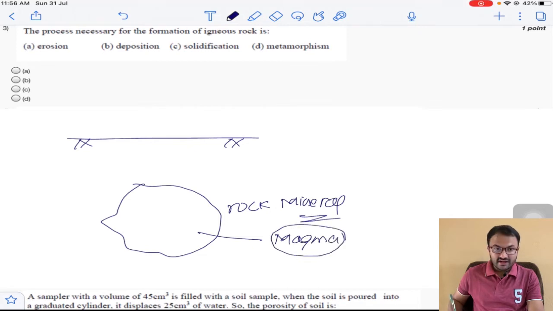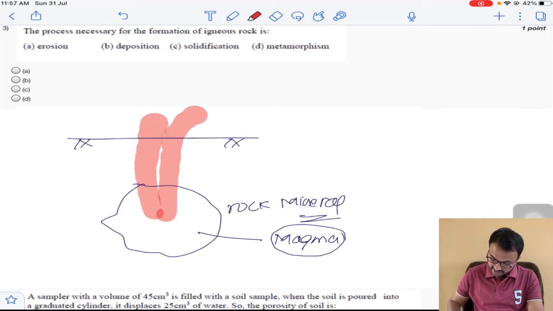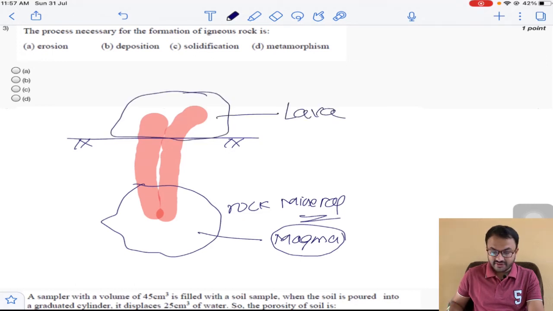Depending upon the temperature and pressure to which the magma has been subjected, it reaches the earth surface. Whenever the magma reaches the earth surface, we call it lava.